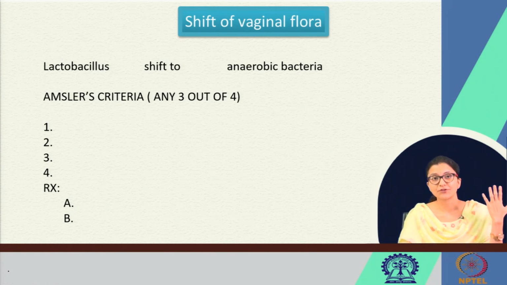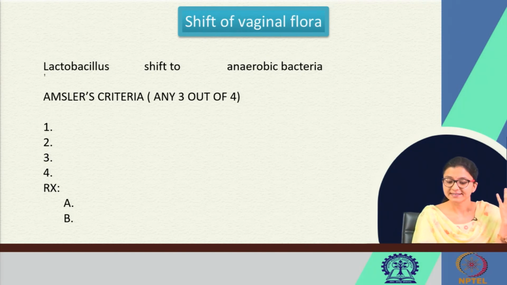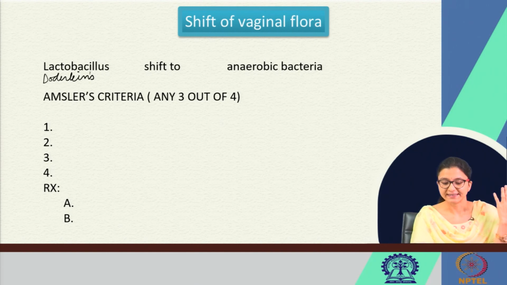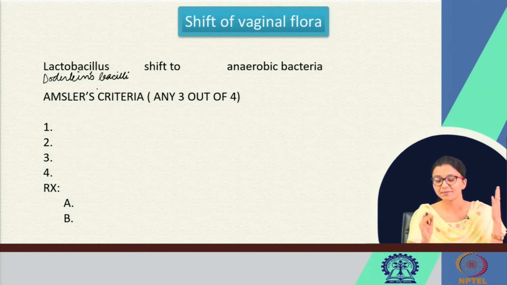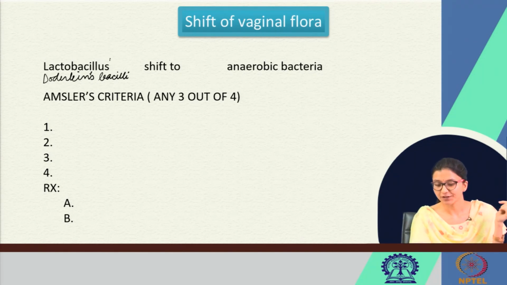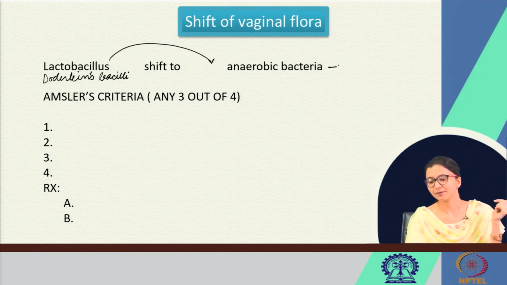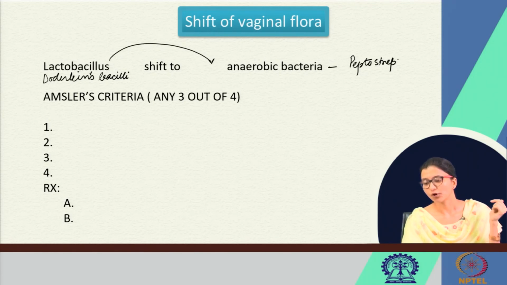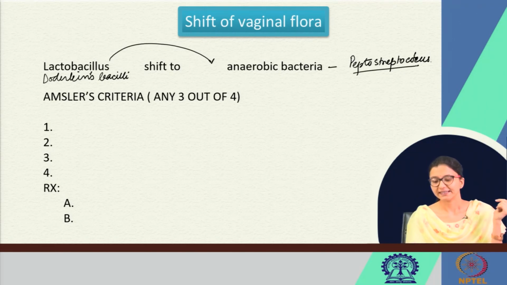What is the shift of vaginal flora? Lactobacillus, I have already told, is also known as Doderlein bacilli, and they are normal commensals of the vaginal epithelium. If there is a shift to anaerobic bacteria, Peptostreptococcus, then Mobiluncus, Porphyromonas, different anaerobic bacteria, then it causes a shift in vaginal flora, and there are some symptoms.